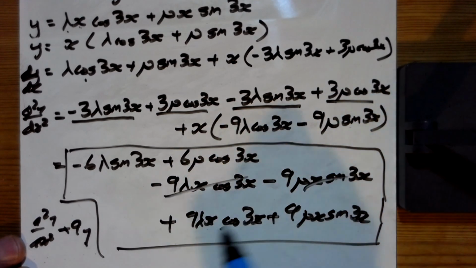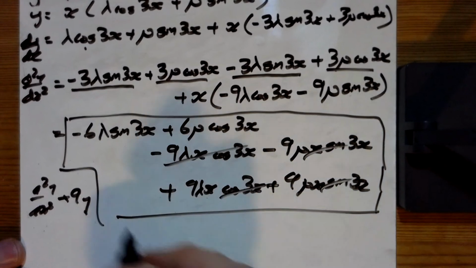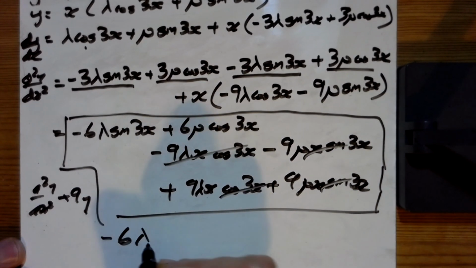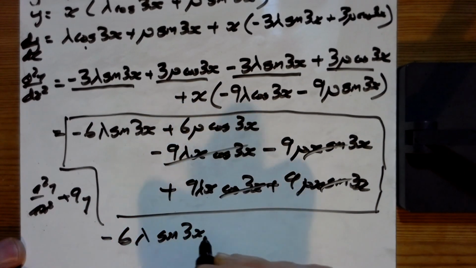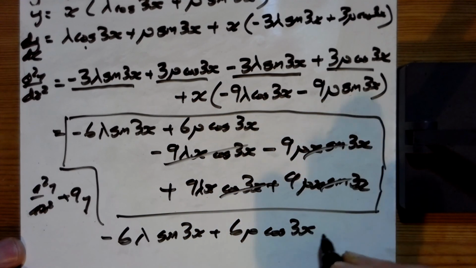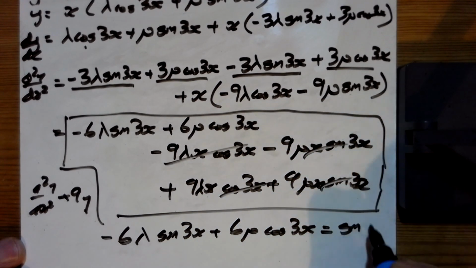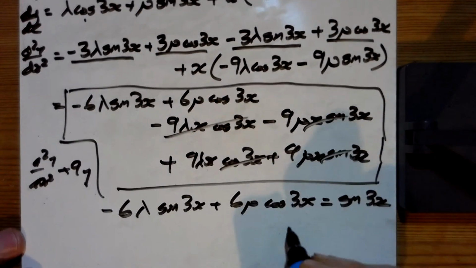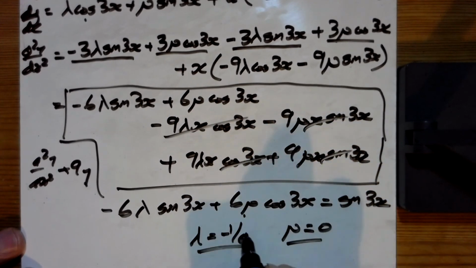So all of that's just cancelling out, and we want minus 6 lambda sine 3x plus 6 mu cos 3x. We want that to equal sine 3x. So it says mu is equal to 0, lambda is equal to minus a sixth.